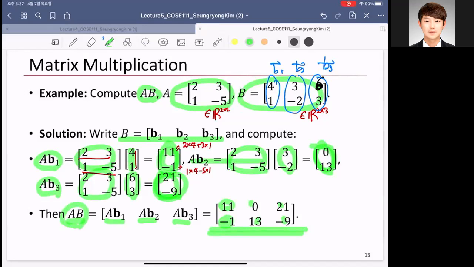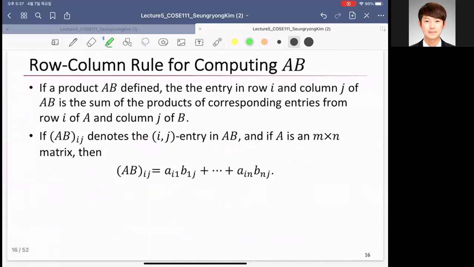Okay, so let's generalize this matrix computation as the row column rule. This is today's topic. We already know how to compute the multiplication between scalar and scalar. 2 times 3, you know what that is, right?